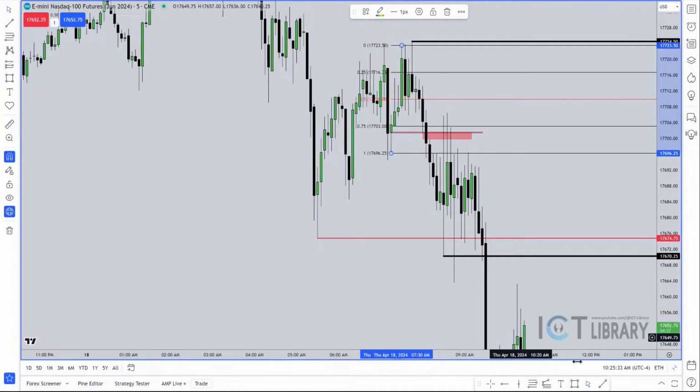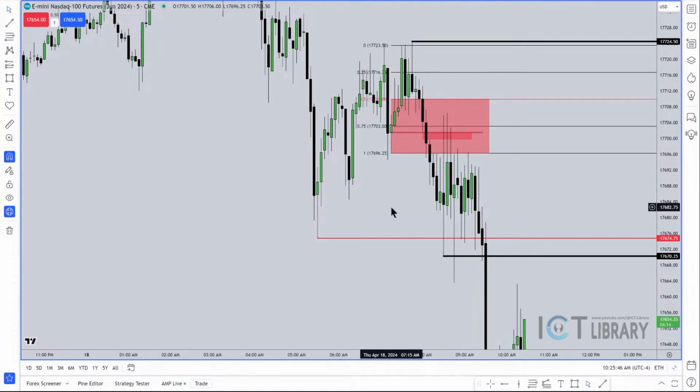Ideally, I want to see a sell form between the low and mean threshold. That's the ideal, if you want to call it, optimal area of entry inside a range that is an order block. This is where you want to be looking for your shorts.